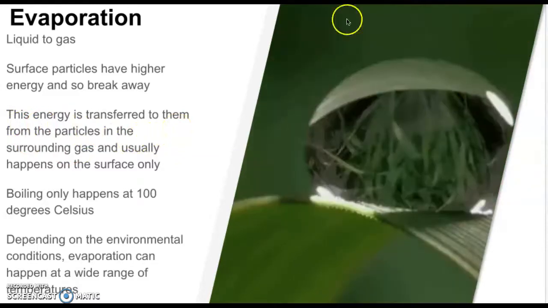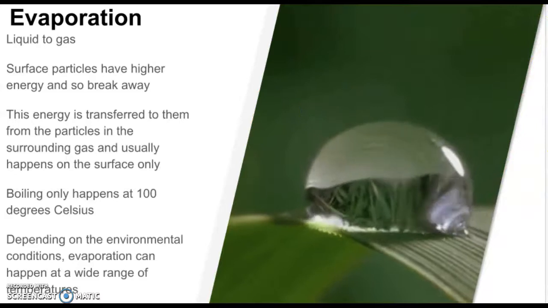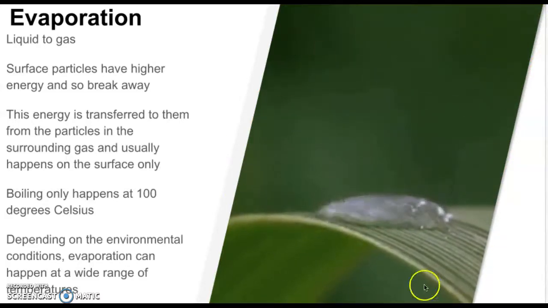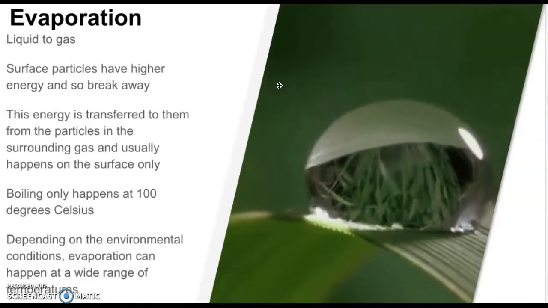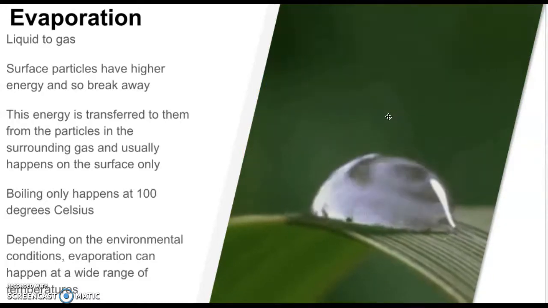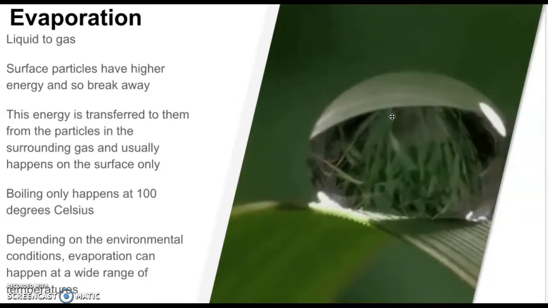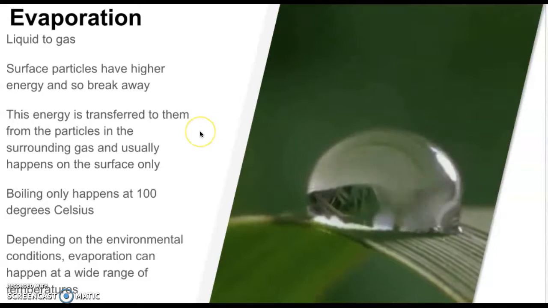In this case, you've got air, and particles in air have a lot more kinetic energy than the particles in the liquid. These particles are bombarding the liquid droplet, and they are passing on their kinetic energy to the liquid particles. So the ones on the top of the surface eventually go up an energy level, they increase their energy, and then they can escape.